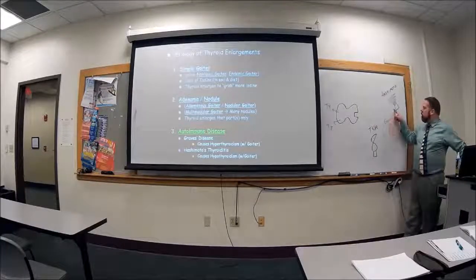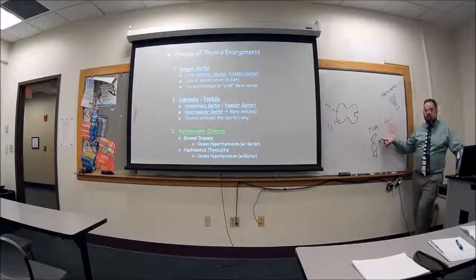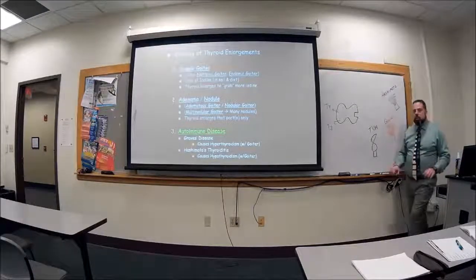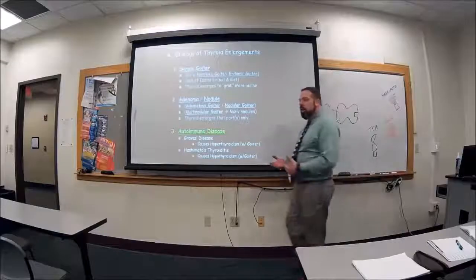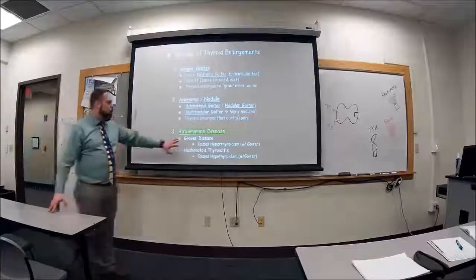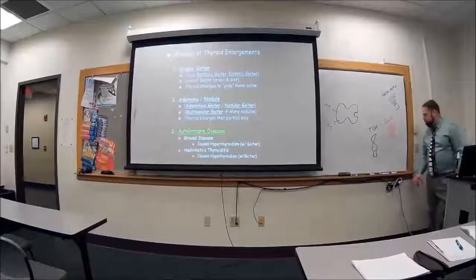So it's actually plugging into a hole here and blocking any TSH from getting in there. So we can have autoimmune diseases that turn on things, and we can have autoimmune diseases that turn off things. We'll talk more about Graves' disease and Hashimoto's later, but that's what's happening with that.